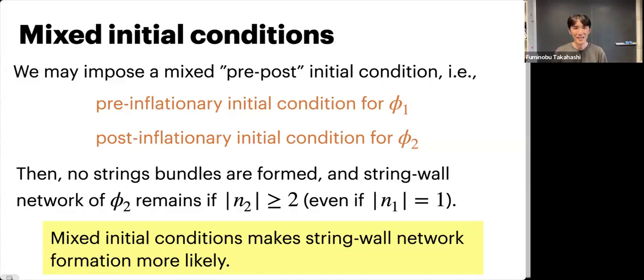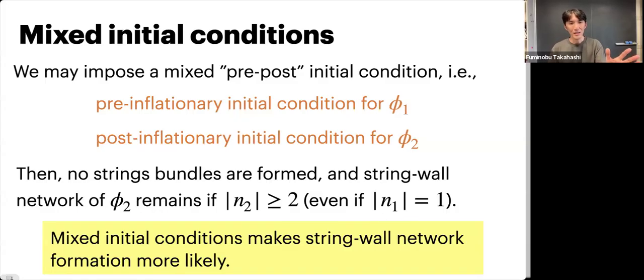Then in this case, it is kind of trivial that string bundles are never formed because it requires a certain number of phi 1 strings. But because phi 1 strings are inflated away, there are no phi 1 strings. We have only phi 2 strings in this case. Then the string-wall network remains if N2, the domain wall number of phi 2 strings, is greater than or equal to 2. And this is the case even if N1 equals 1.